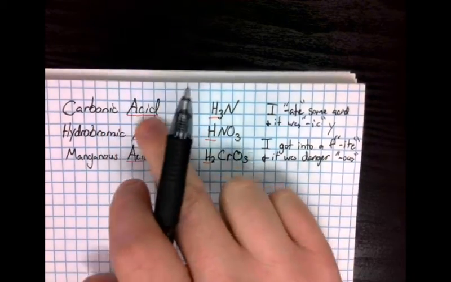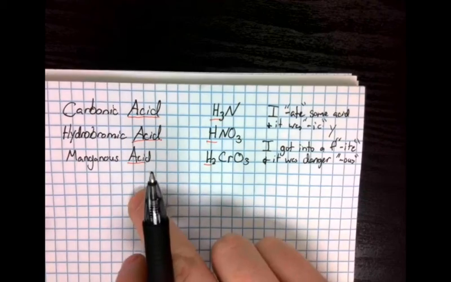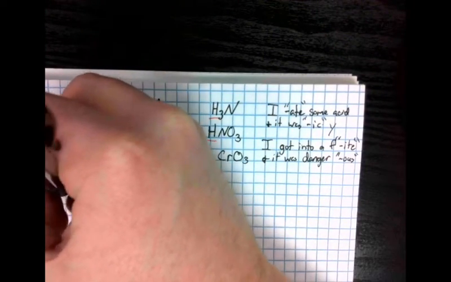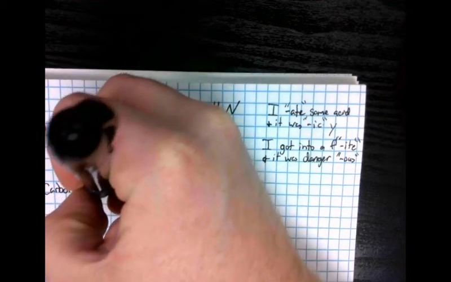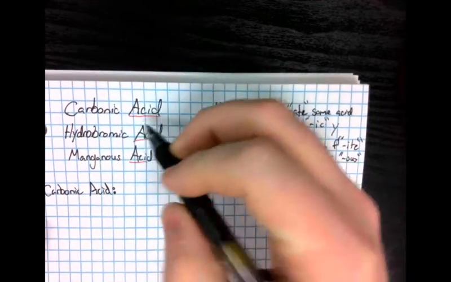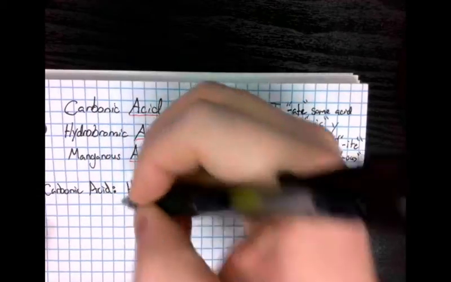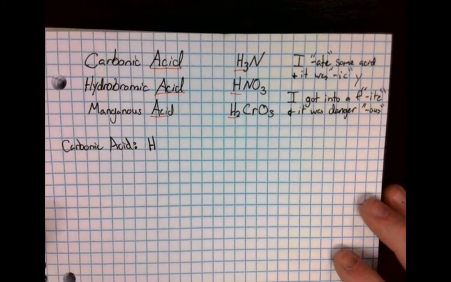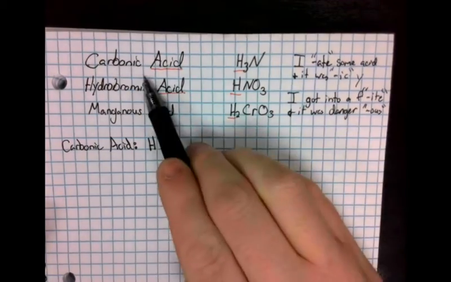So looking at our names first, we know these are all acids. So first, carbonic acid. We know it's got to have an H out front, because otherwise it would not be an acid. Next, we need to think, what is carbonic?